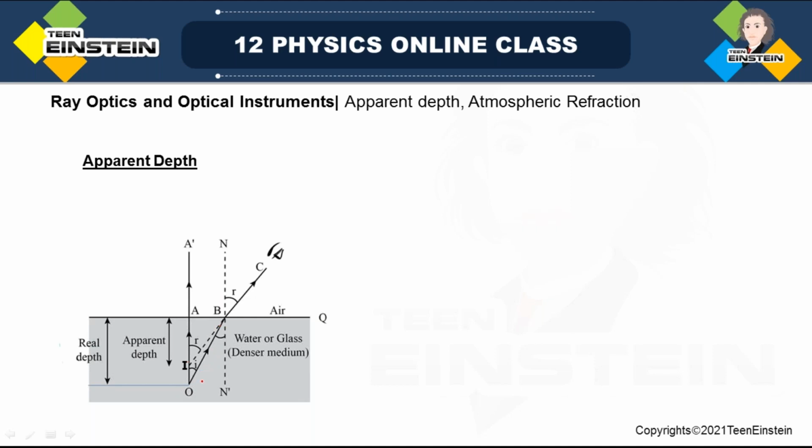So the point is that the virtual image of the coin will be seen at a certain height which is elevated from the actual height. That height which we see from the top of the water surface is called apparent height, or apparent depth.